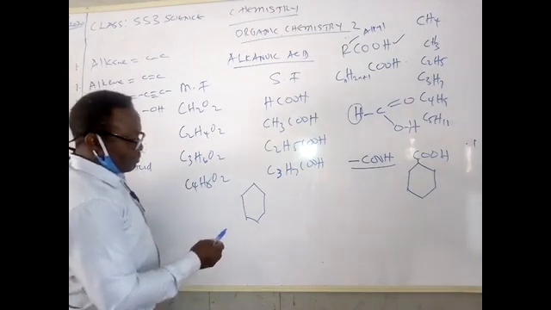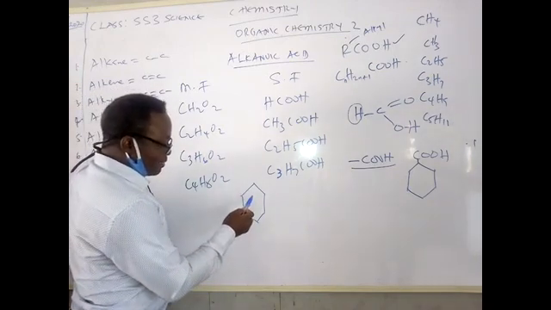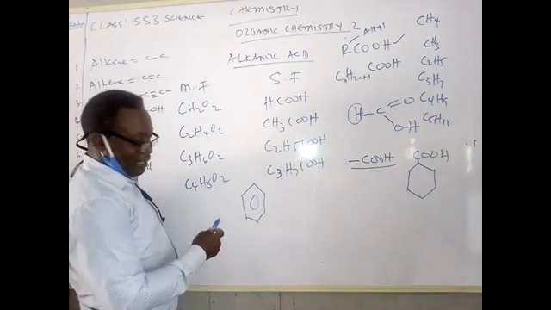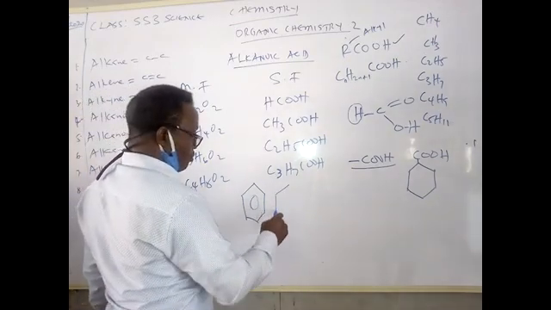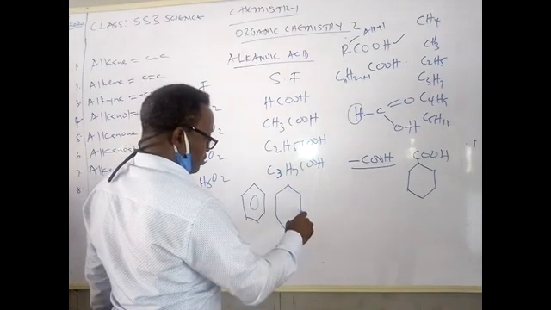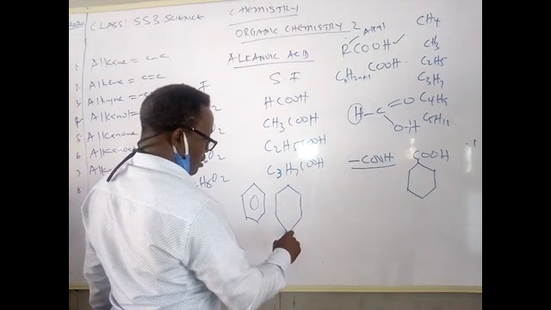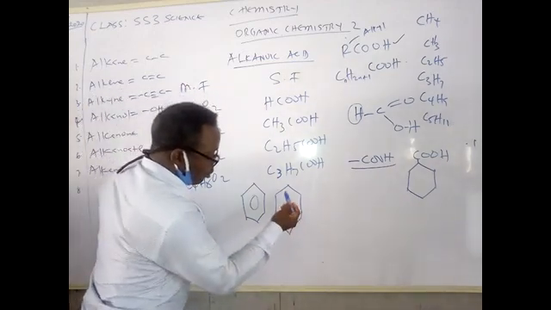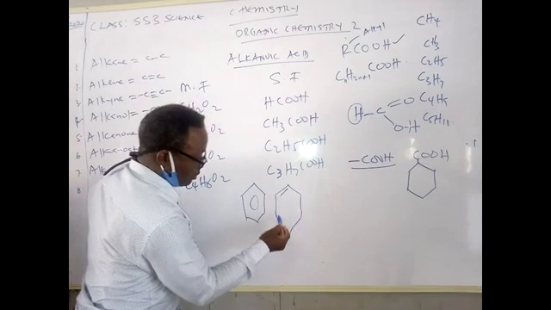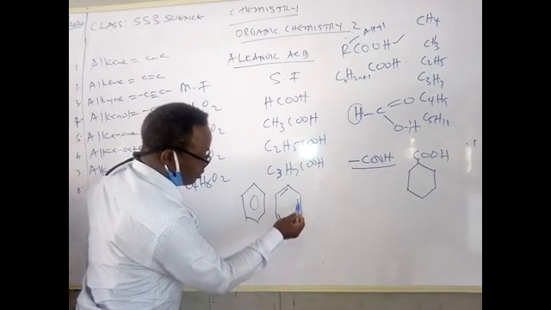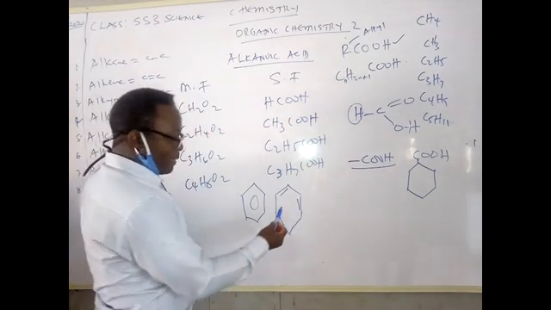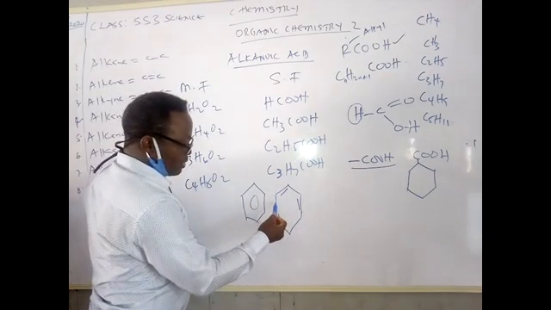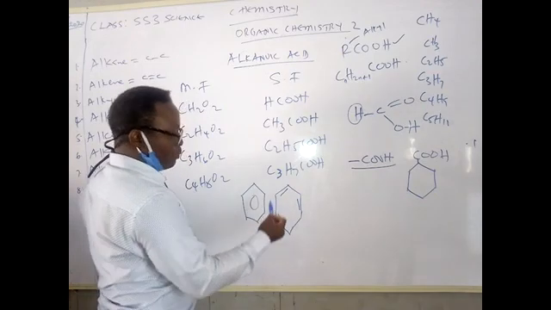You either write it this way by just putting a circle inside to make it a complete diagram, or you draw the hexagon and you put your bonds where they should be. It could be double bond, single bond, double bond, single bond, double bond.